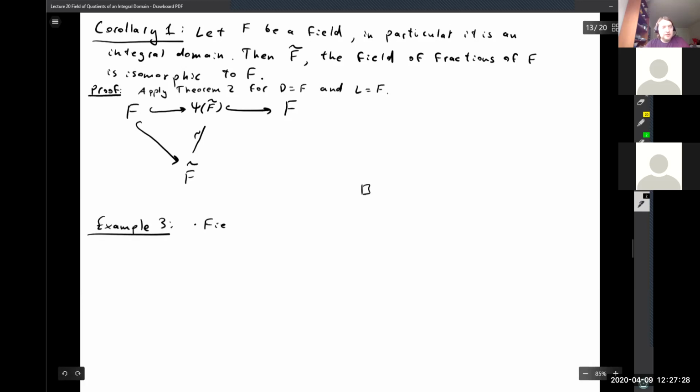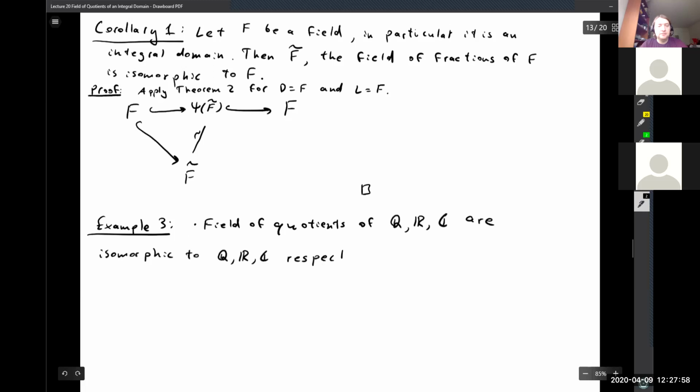The fields of quotients of Q, R, and C are isomorphic to Q, R, and C respectively.